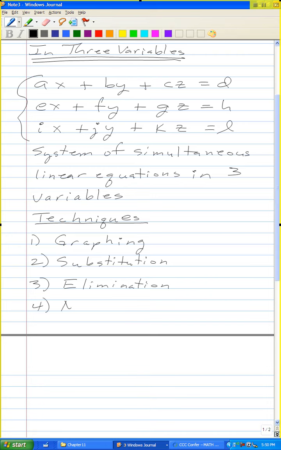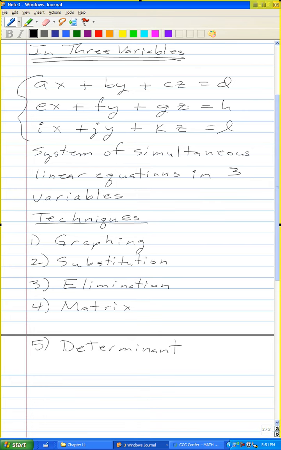For the matrix methods, and then the last one is determinants. I'll give you a hint at the matrix methods, but we really won't do it. And I will show you how to use determinants to solve systems.